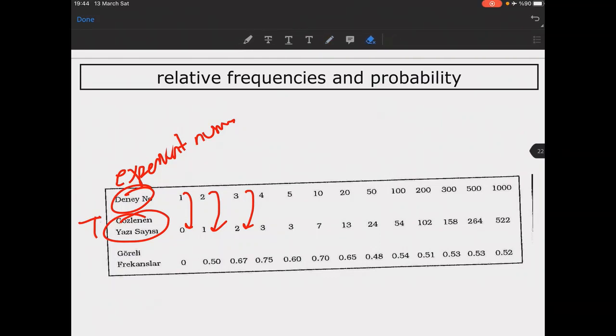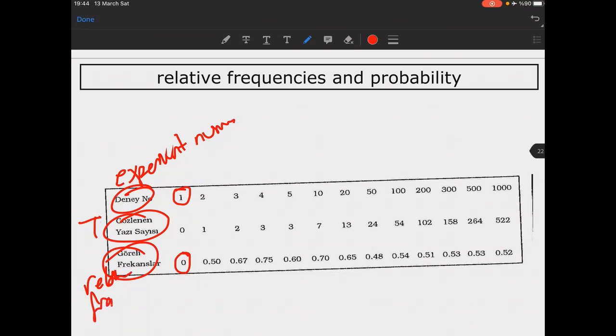But what is the probability of getting tails? In the first experiment, the relative frequency, I'm sorry, not probability, was 0. But here, from 2 tosses, you get 1, so it corresponds to a relative frequency of 0.5. This one is 0.62, and you get another one.